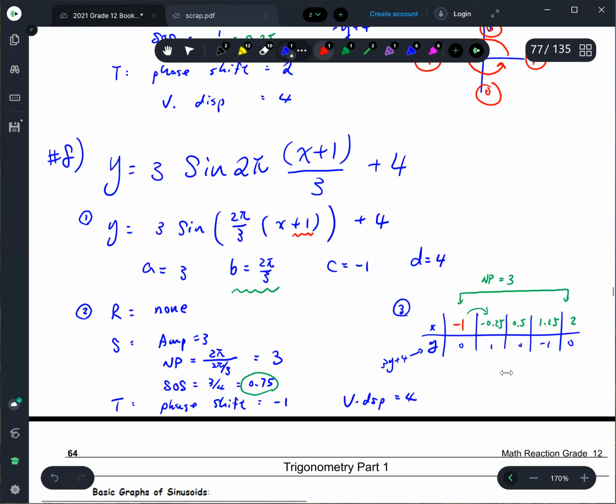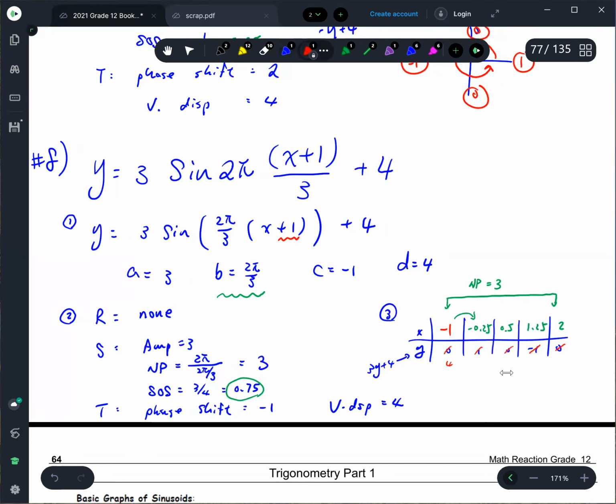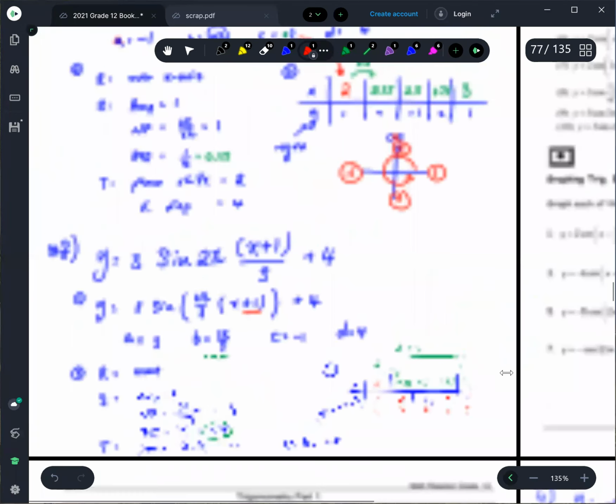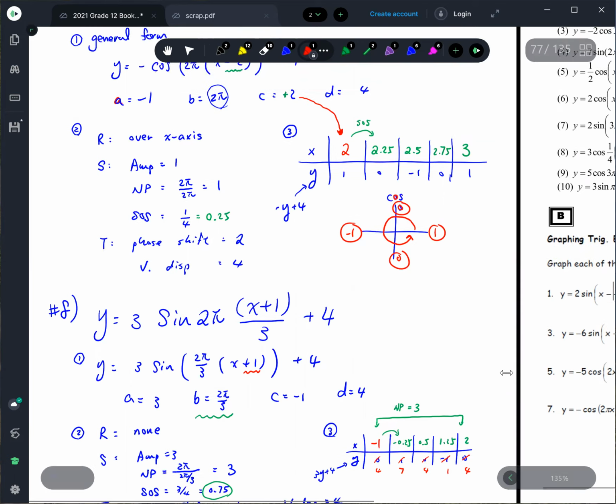Okay, can you tell us your numbers after you changed? 4, 7, 4, 1, 4. Yeah, okay. Oh, I think the last question we didn't change it, right? Let me check. Right, so for number 7, go back up.